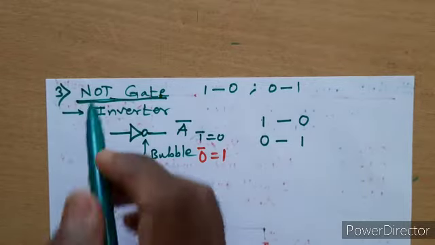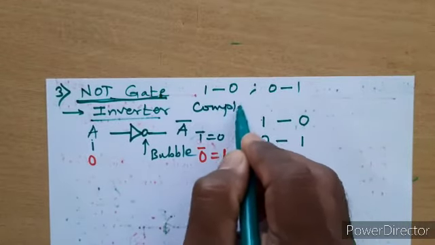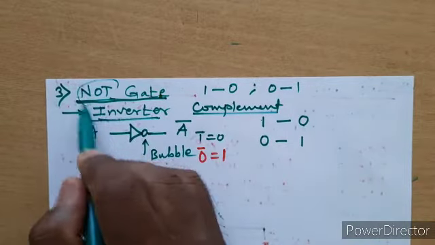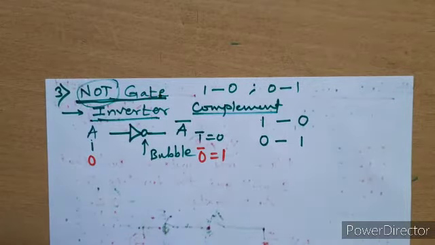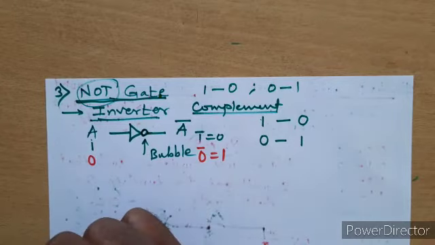That is why it is called an inverter or complement, but generally it is called an inverter or simply NOT gate. And this bubble is very important here, right?